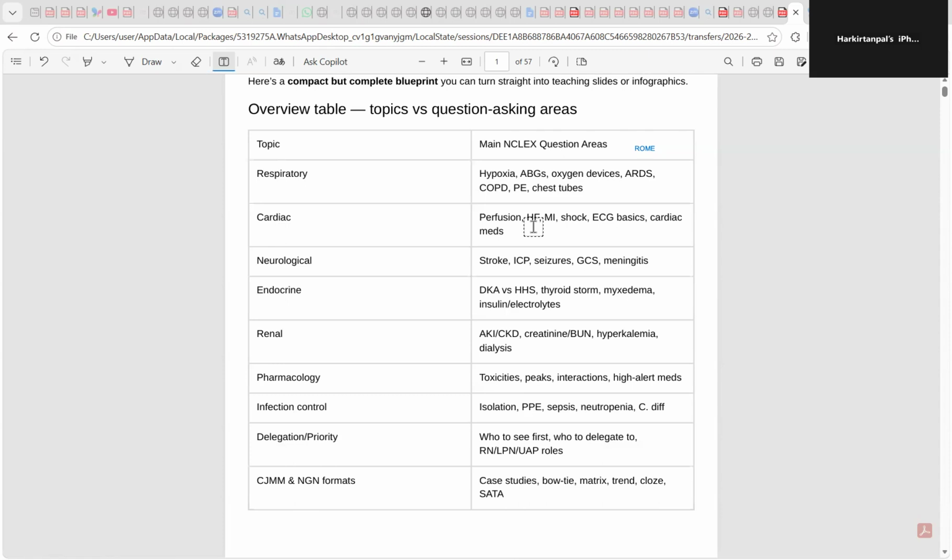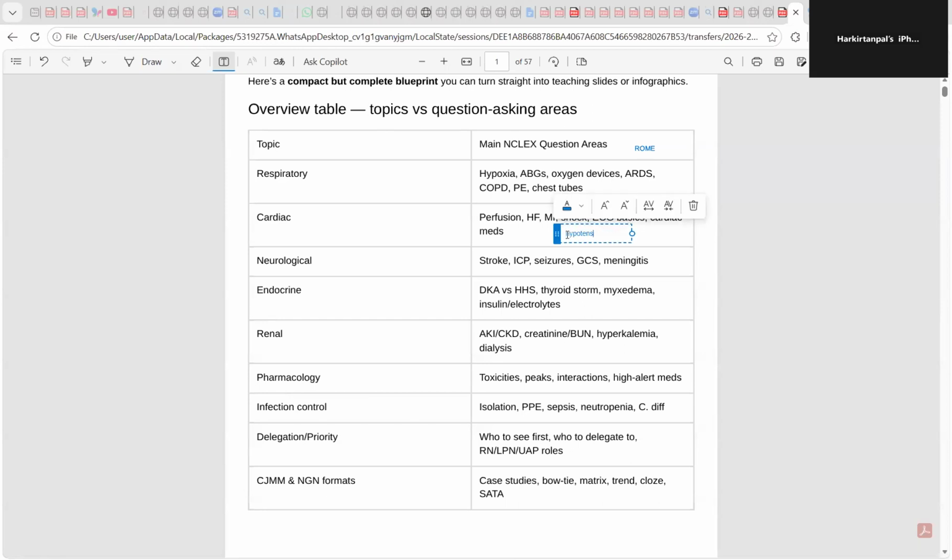Same like shock. In cardiology conditions, mostly the issue is decreased cardiac output. The main symptoms are hypotension and tachycardia.